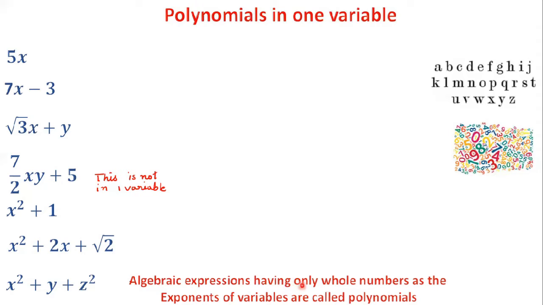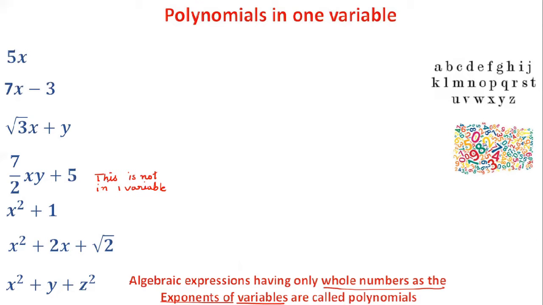Exponents means powers of variables. So we have to concentrate on the power of the variable. It should be a whole number. Whole number means 0, 1, 2, 3, 4, 5 and it goes on. It should not be a negative integer.